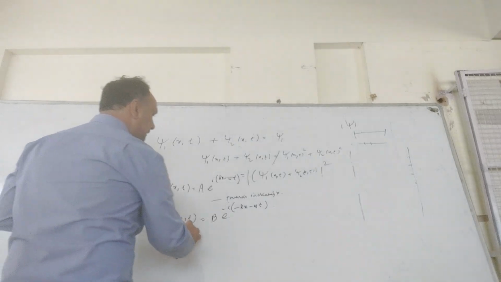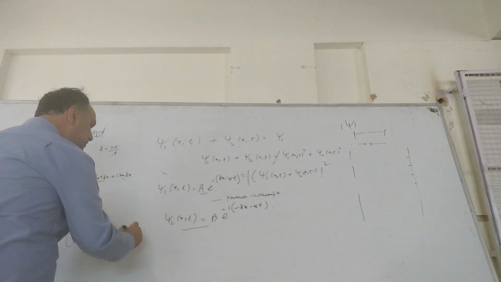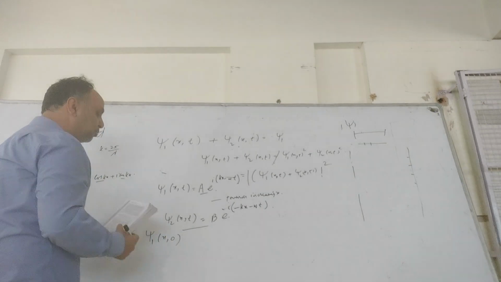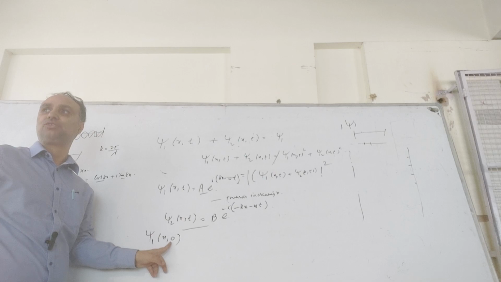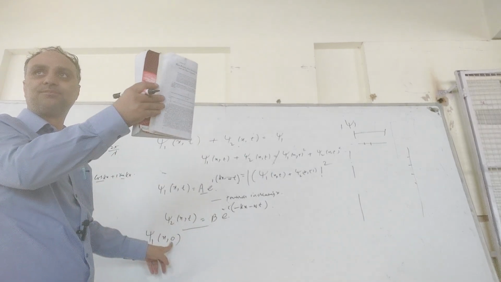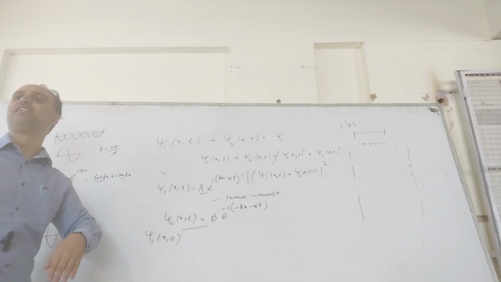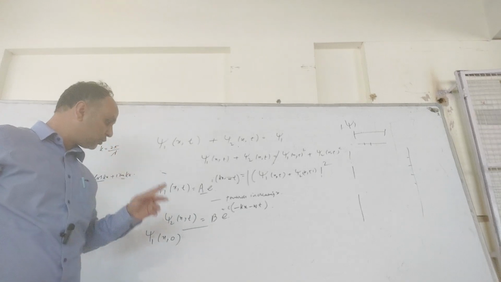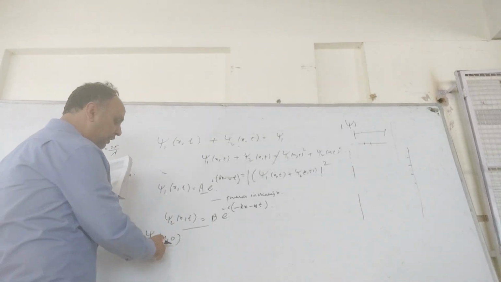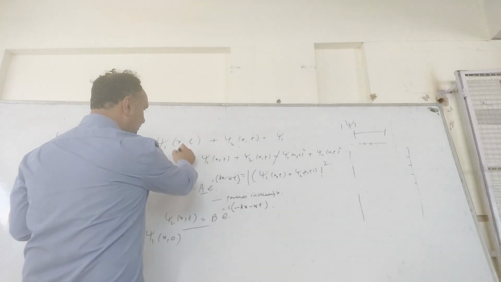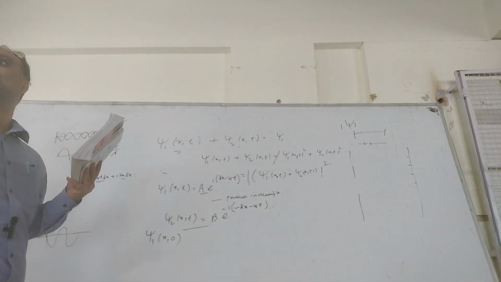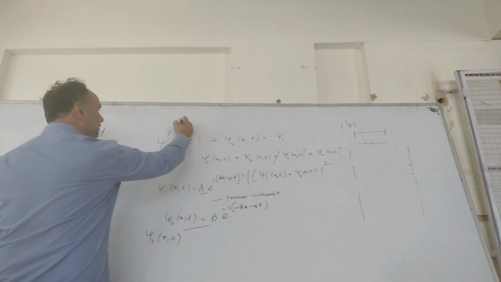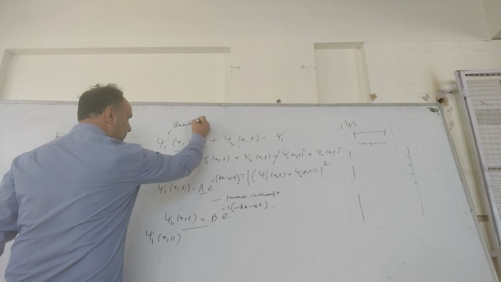So if we assume it like this, and take initial values, for example psi1(x, 0). x, 0 means at time 0 the wave begins, the initial value. It is not a body here, it's a wave psi which represents a particular electron, proton, photon, whatever, or rather we say it represents a quantum particle, a quantum state.